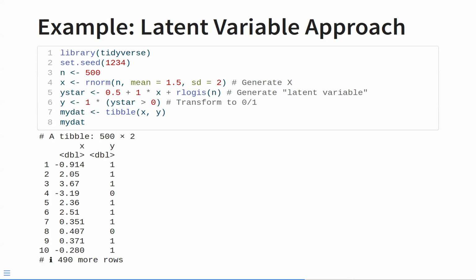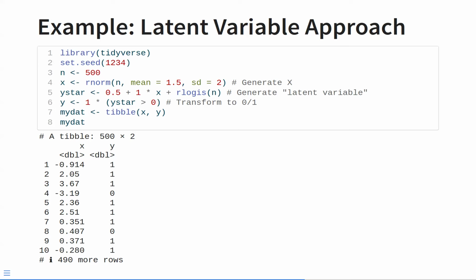Here is an example of the latent variable approach. So the first thing that I'm going to do is set the seed so that this is replicable. Then I'm going to choose a number of observations for my regression. So I decided to have 500. And I could draw my regressor x any way that I like.